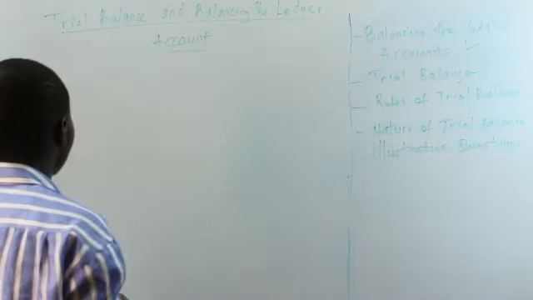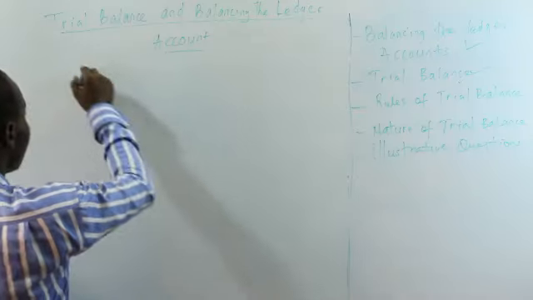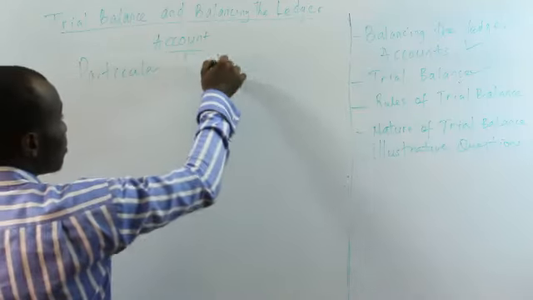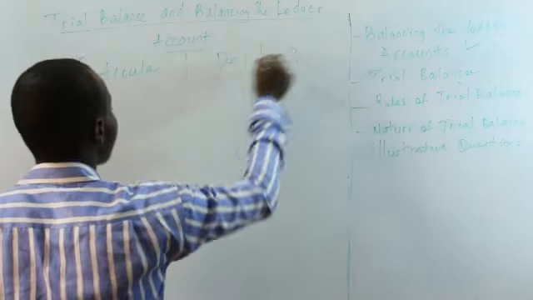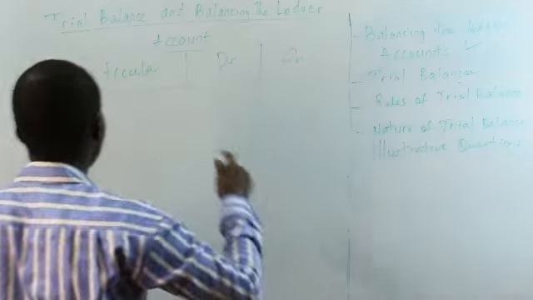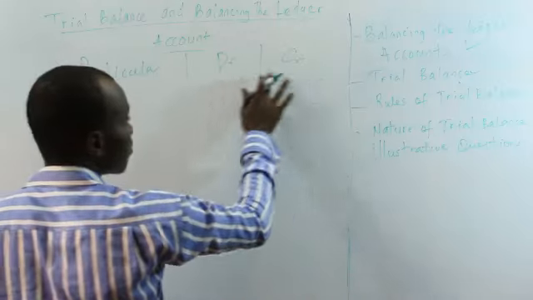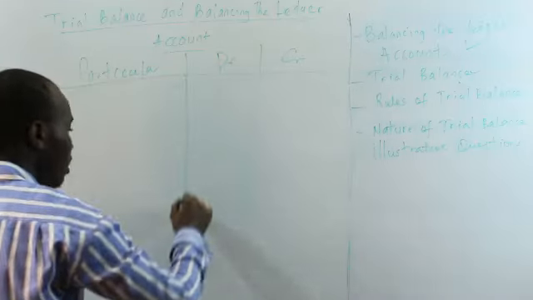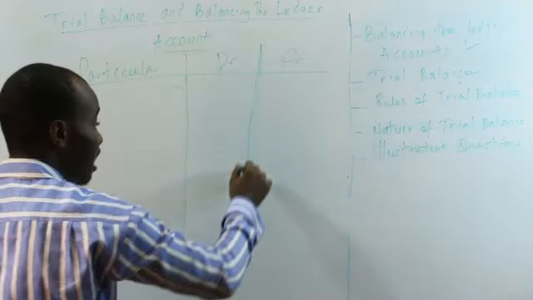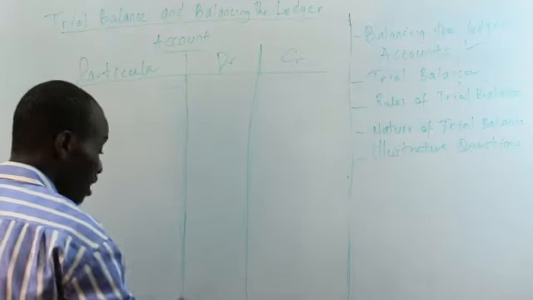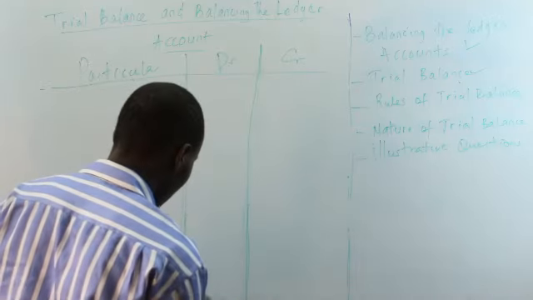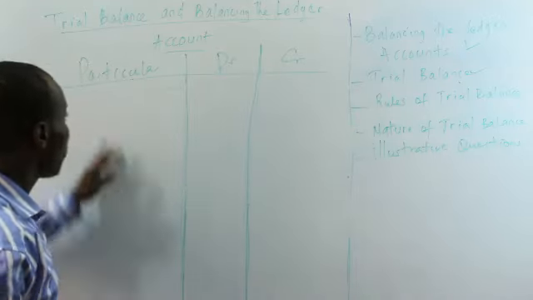If we apply the rules of the trial balance, then we can go to the nature of the trial balance. The trial balance has columns for particulars, debit and credit. It is the list of balances of the ledger, a table which shows the debit and credit entries of the ledgers in order to test the arithmetical accuracy of the double entry principle.